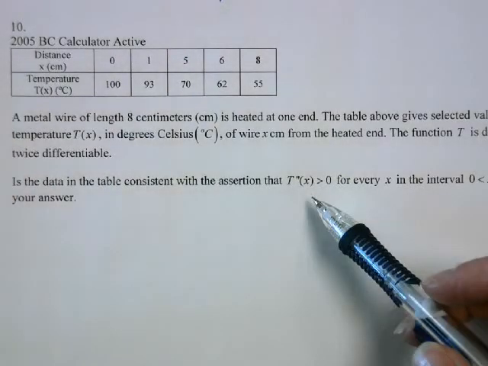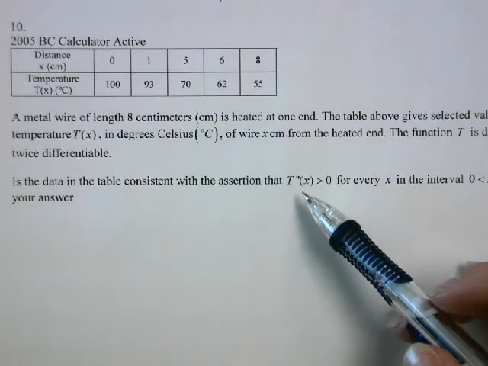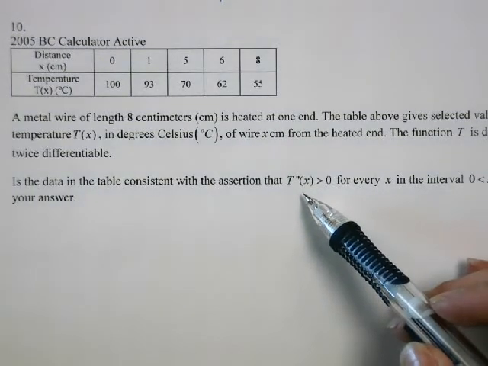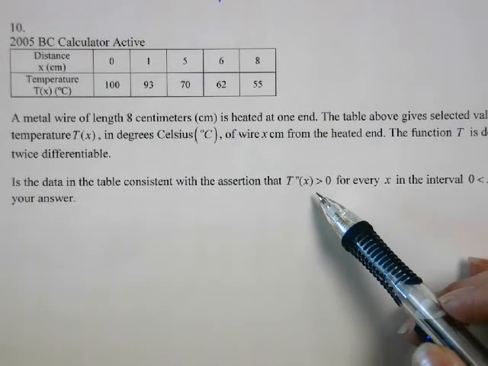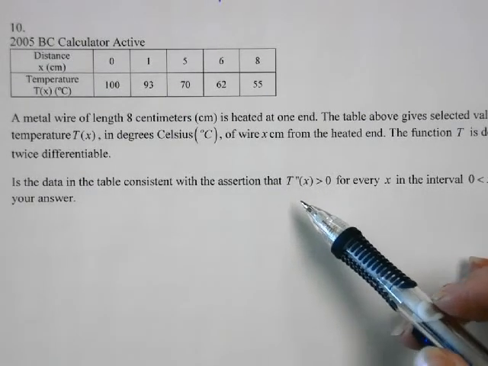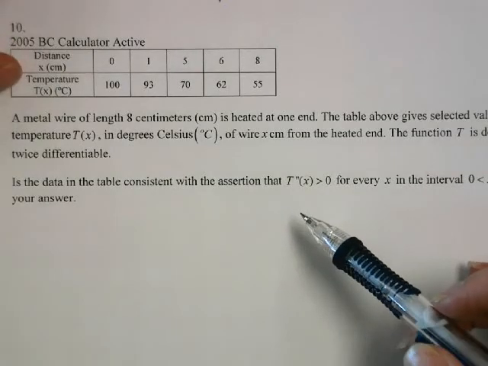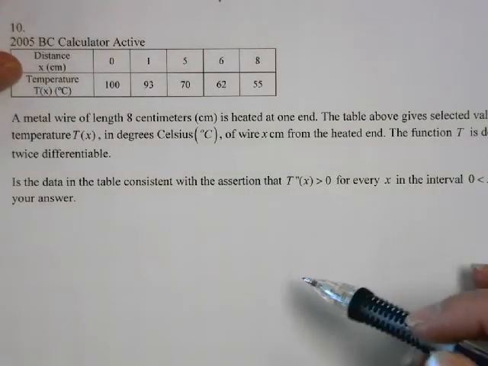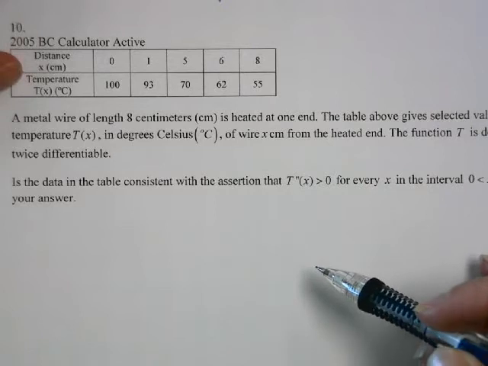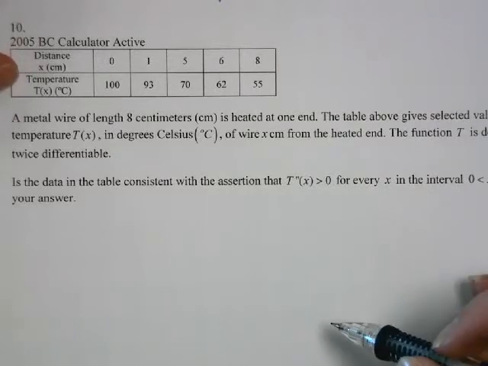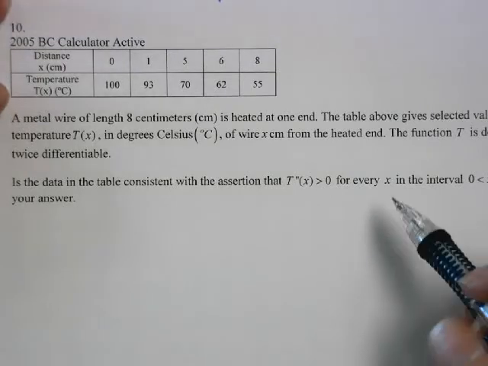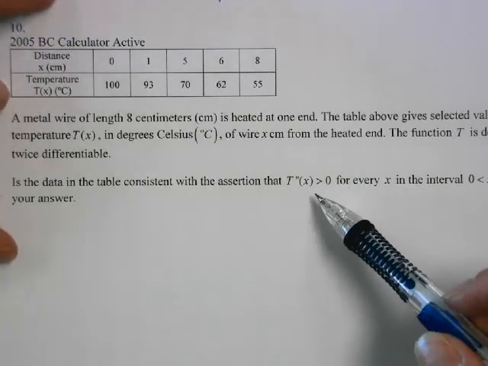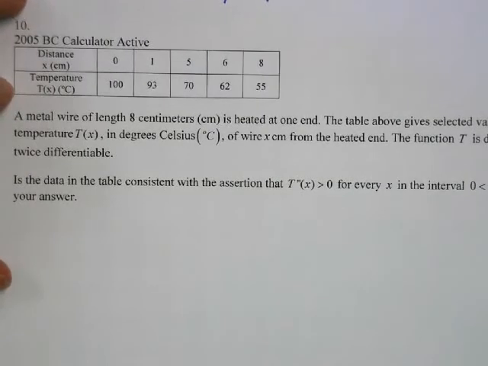So we're looking for, okay, think about what information we need. This says that the second derivative is positive, which means the slopes of the derivative are all positive. So if we can show that at some point the slope is negative for the derivative, then there has to be some value where the second derivative is negative.